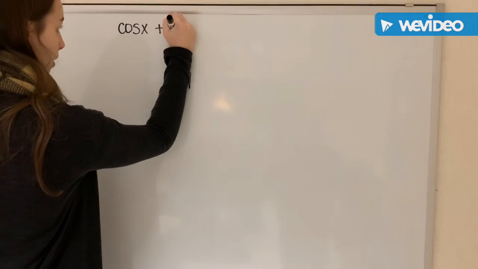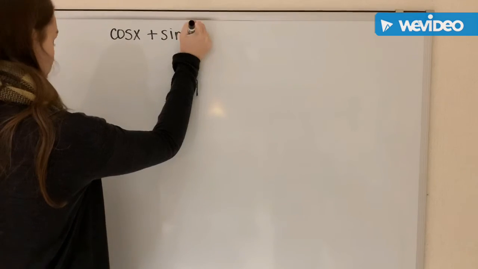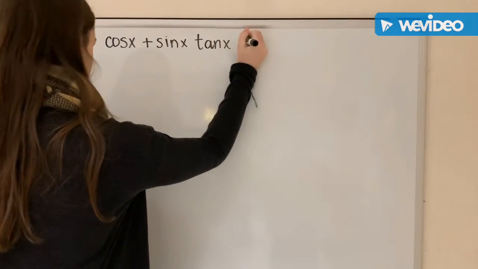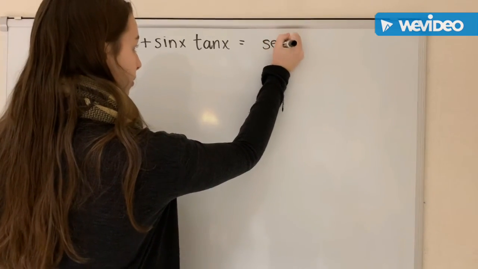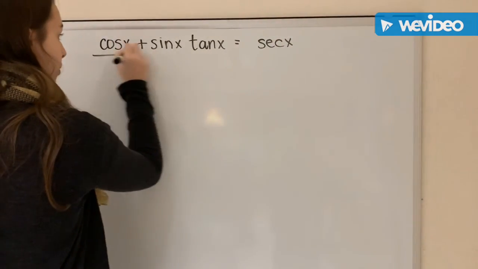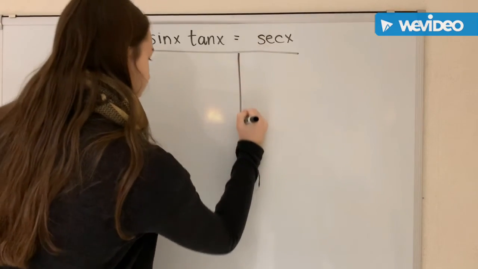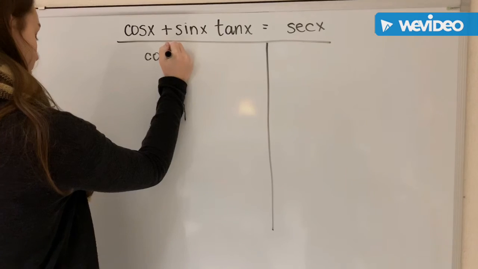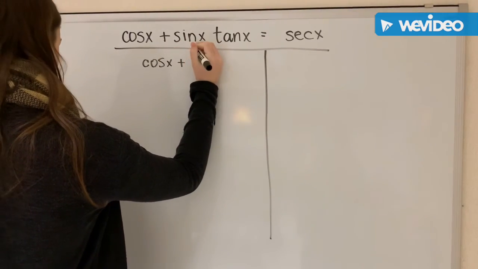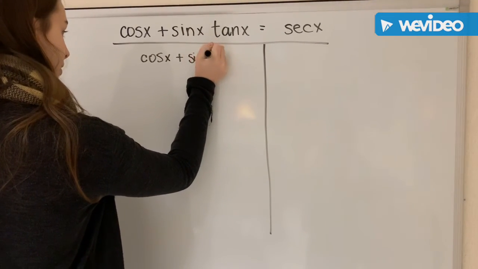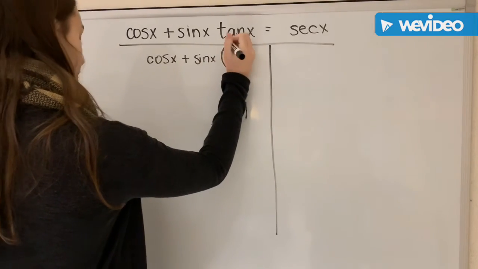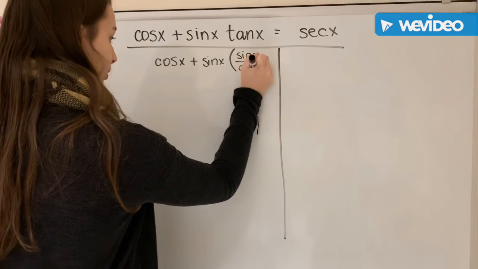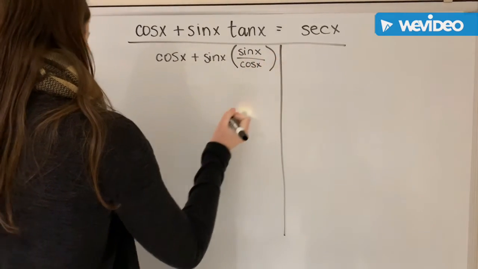For our first trig proof, we have cosine x plus sine x times tangent x equals secant x. So we're going to split up the sides, and we're going to work on the left side. So cosine x plus sine x times tangent x, which becomes sine x over cosine x.